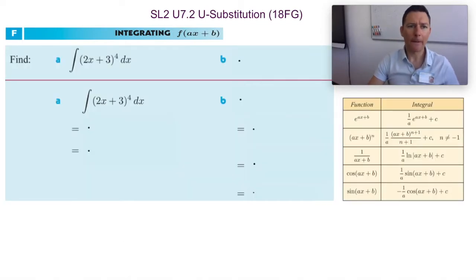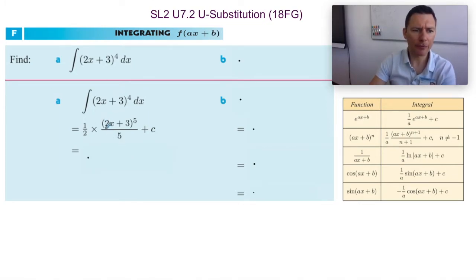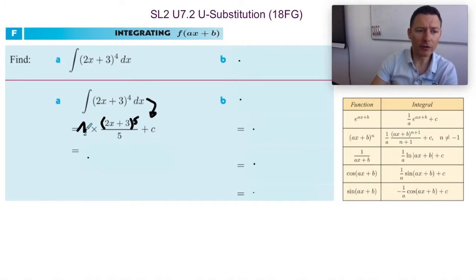So let's try one out. If we wanted to take this, I know that this came from this piece, right? If we were going to integrate this, your exponent increases by 1. If you didn't know that and you're going to re-differentiate and turn it back into this, you would get a 5 out in front. You get 5 and the guts.